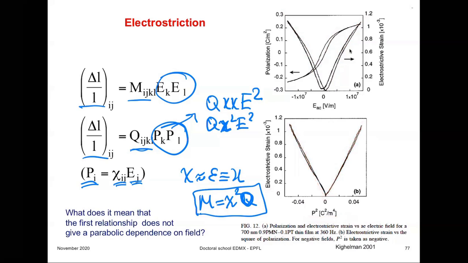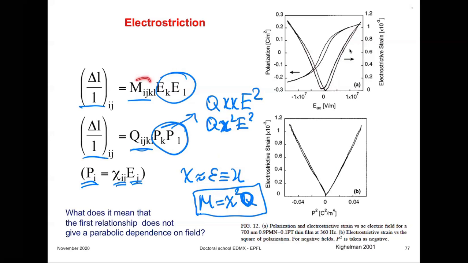What this basically means is that this equation is more fundamental than this one. Here, you have permittivity or susceptibility. Susceptibility and permittivity are very close to each other in high permittivity materials such as ferroelectrics that we will discuss, but not so in low permittivity materials.